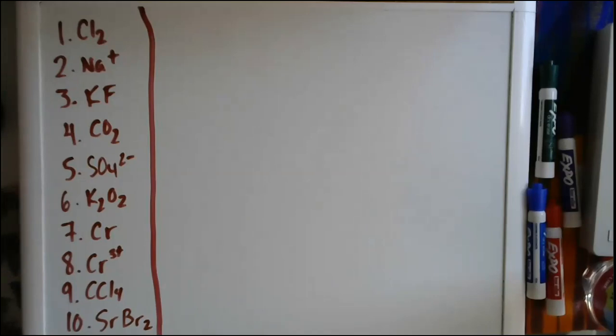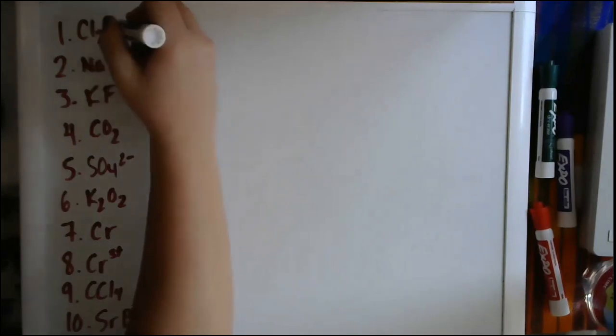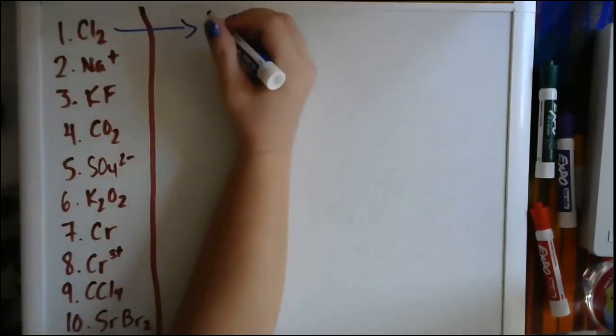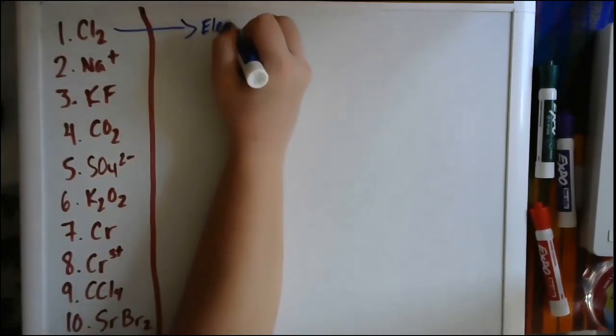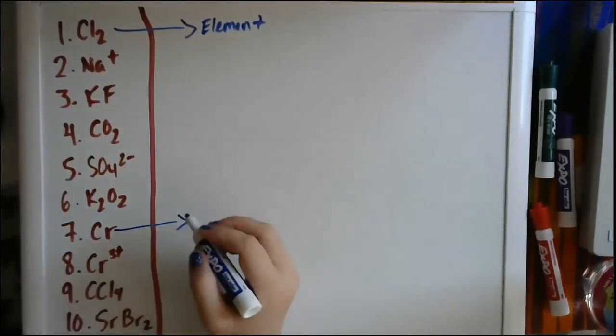Okay, so just looking at this list here, right off the bat, I am going to go to 2 that I see here from 1 to 10. This is an element, and chromium is an element.